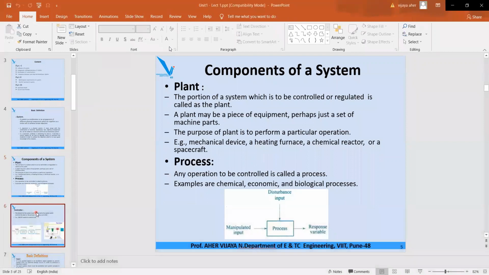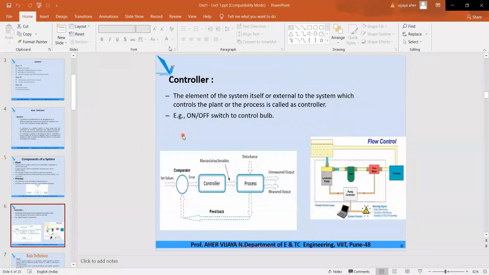Next component of a control system is the controller. Take the example of a classroom. In that case, faculty, the professor, right now I am the controller of the classroom in online mode. So for a process also there is a controller.